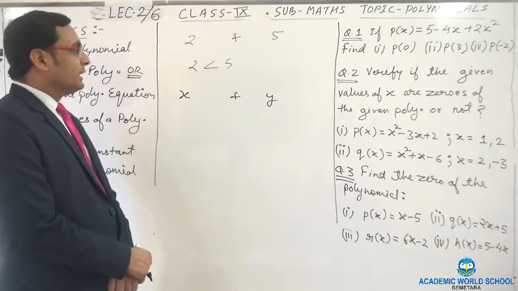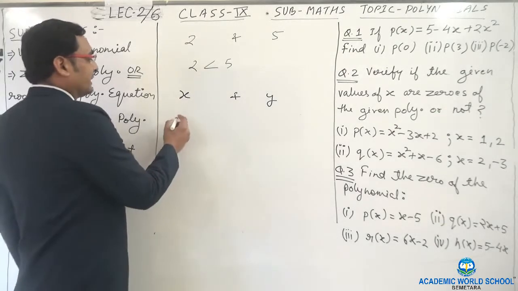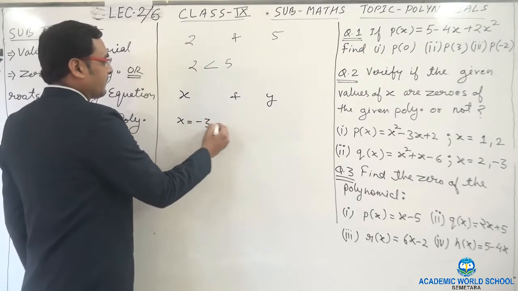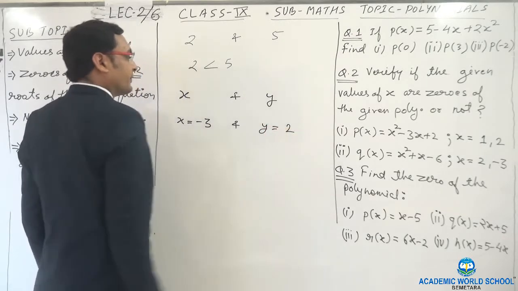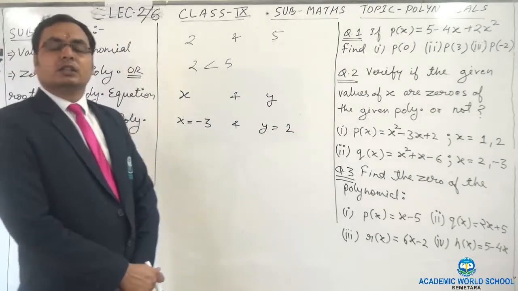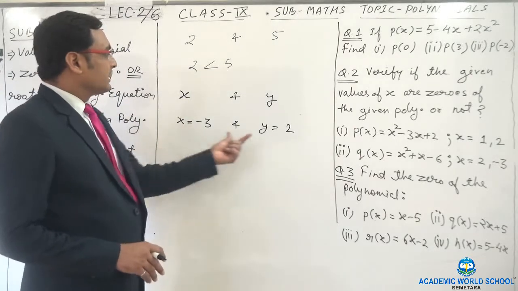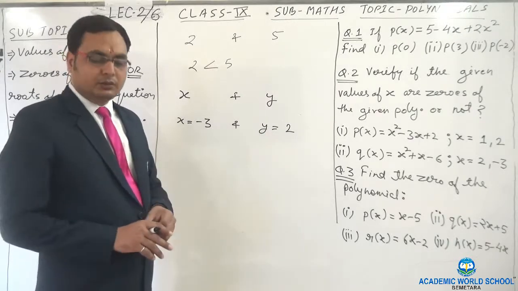But if we assign some definite value to x and y, for example, x is equal to -3 and y is equal to 2, now we can say that definitely x is smaller than y because they are having some definite value.